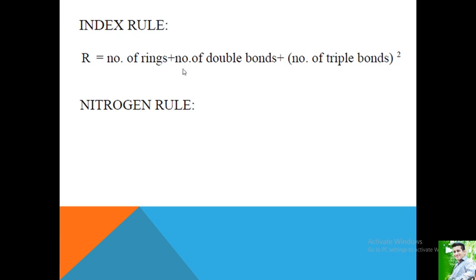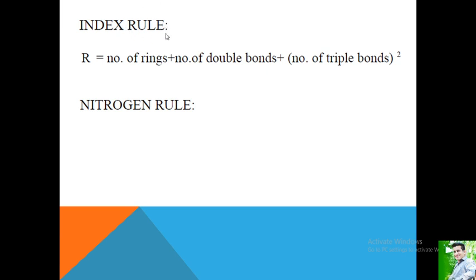So here we can see the formula for calculating the index rule. The ring rule for the molecule CwHxNyOz may be stated as follows.